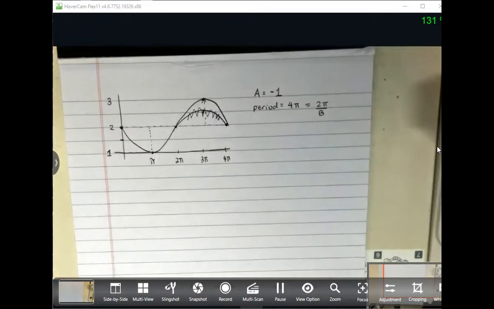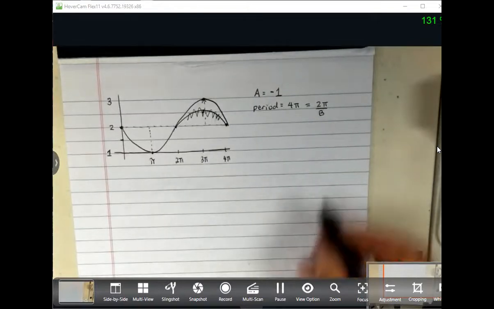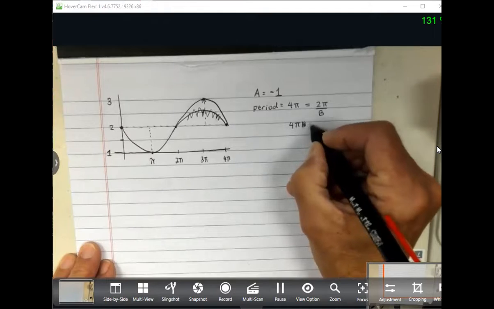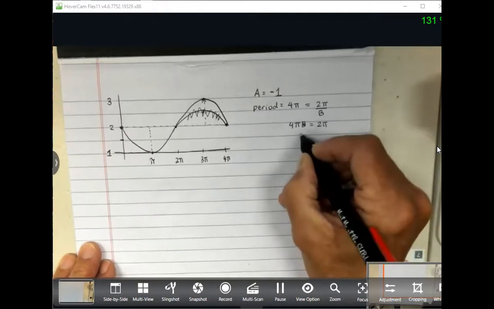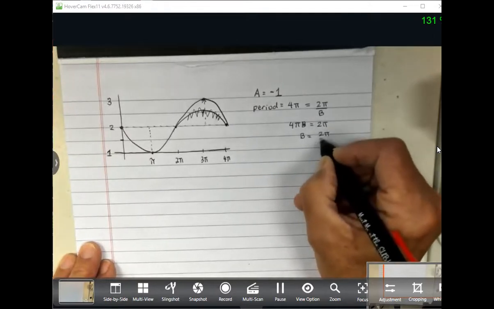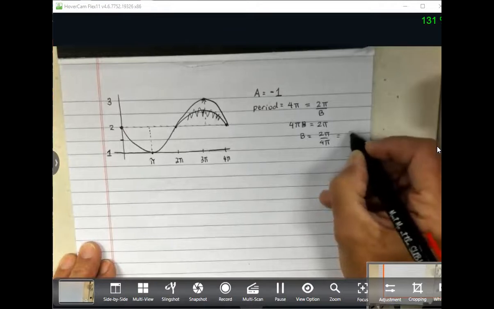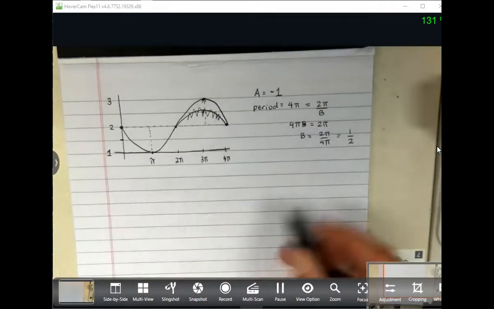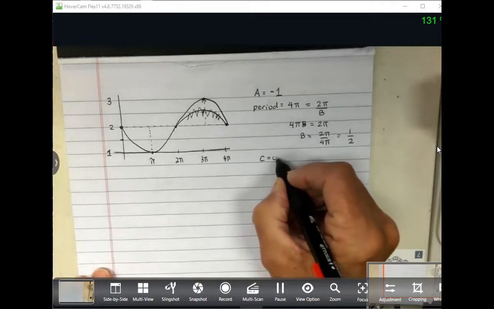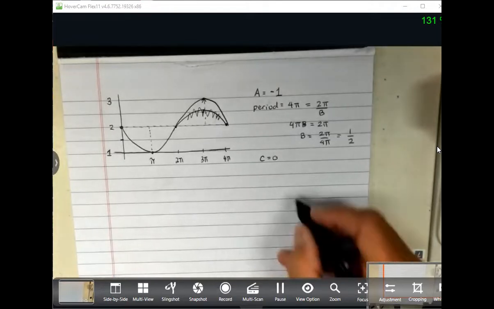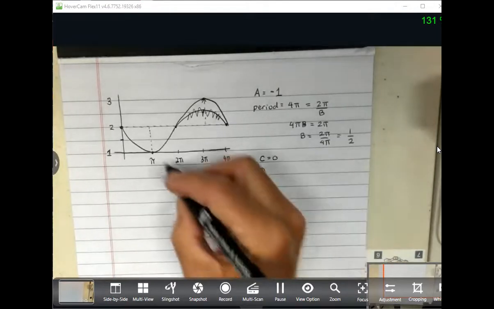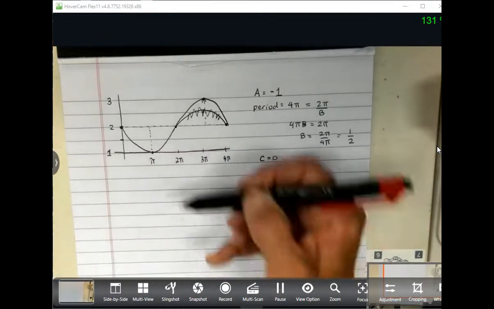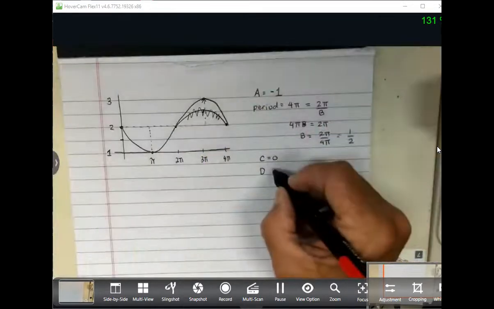I'm going to take that equation and solve it for B by multiplying by B and then divide by 4 pi. So that says B is going to be 1/2. There is no phase shift, so C is equal to 0. And the graph has been picked up. So that means, normally this 2 is at the 0 line. So the graph has been picked up 2 units.